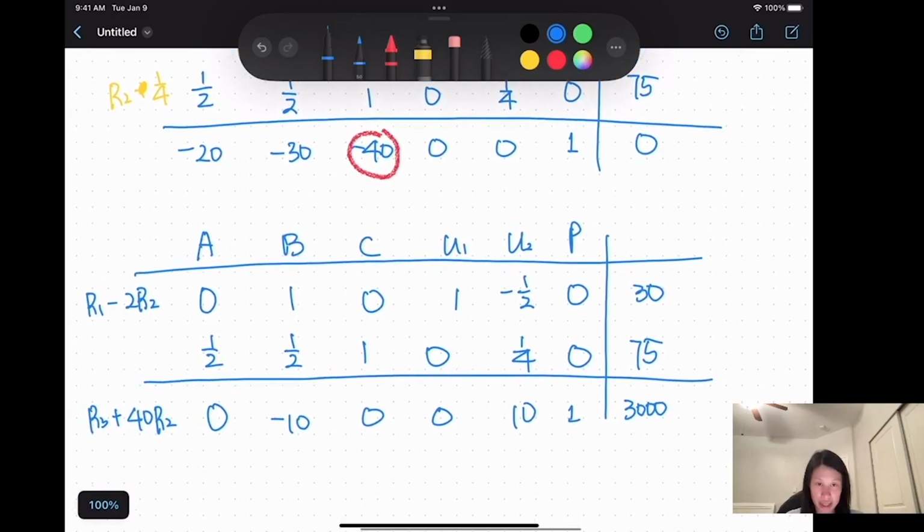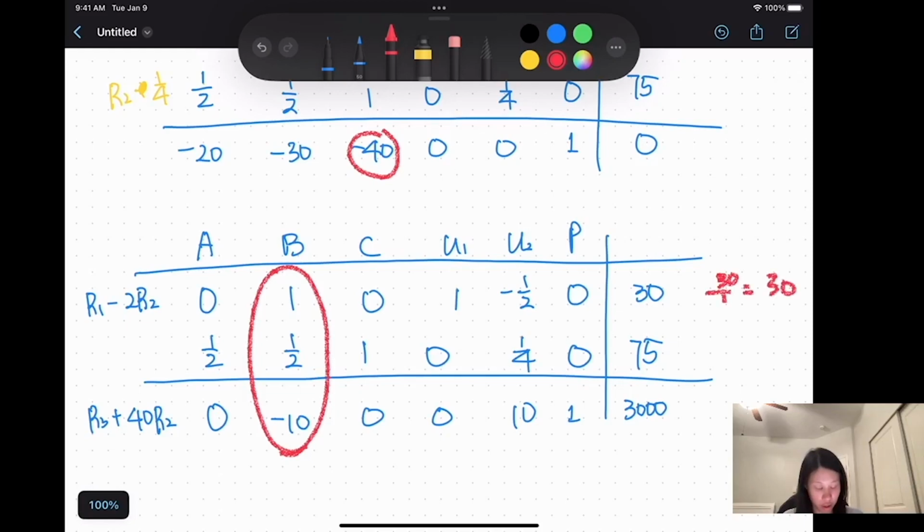So the next is we need to continue. Since we still have a negative number in the bottom row, here is going to be our pivot column. And then we still need to find our pivot point, right? So we have 13 divided by 1, which is 13.